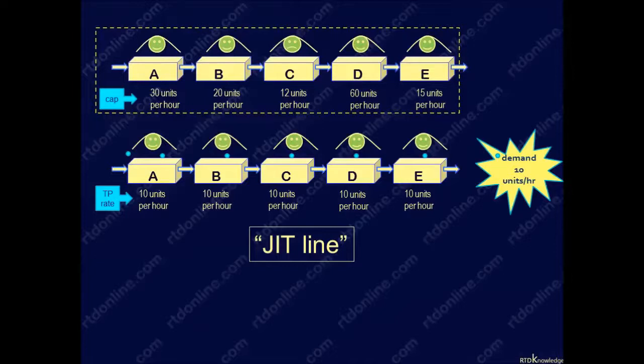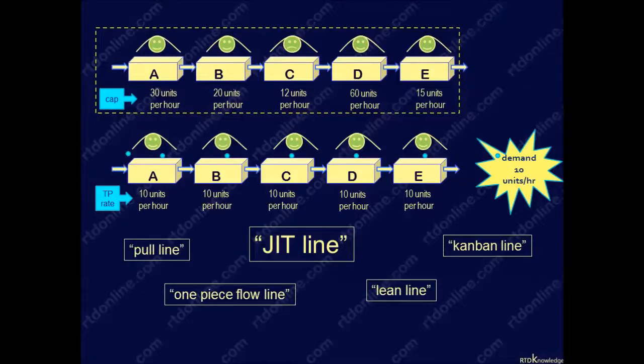Ideally, the parts or raw material supplier of a just-in-time process also delivers inputs according to takt time. The just-in-time line is also known as the one-piece flow, Lean system, or Kanban system. It is one-piece flow since there is only one piece or one small batch between each station at any time.